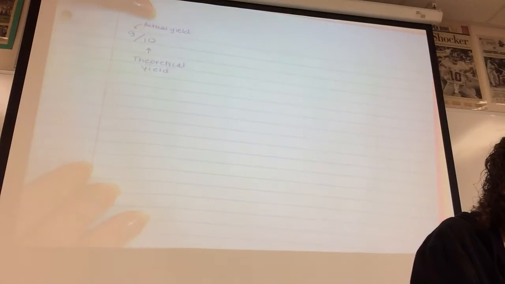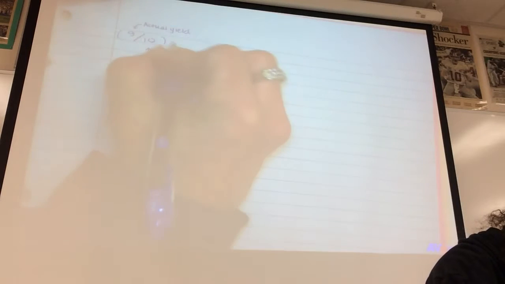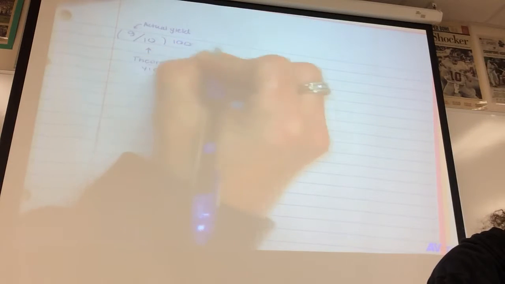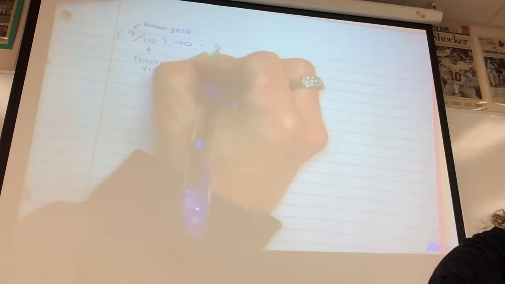Your actual yield today will be the mass of the sodium chloride that you generate in the lab. You will mass it using the balance at the end of the lab once it has cooled. If you divide these two and multiply by 100, you get percent yield.